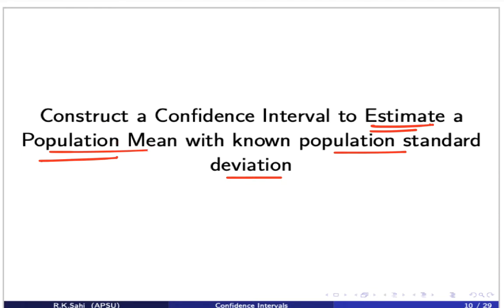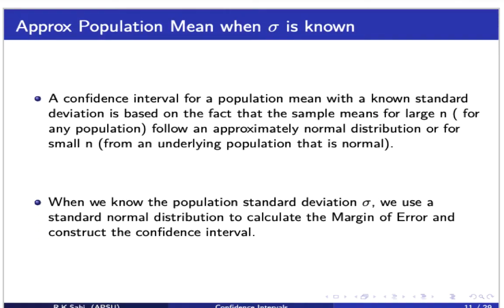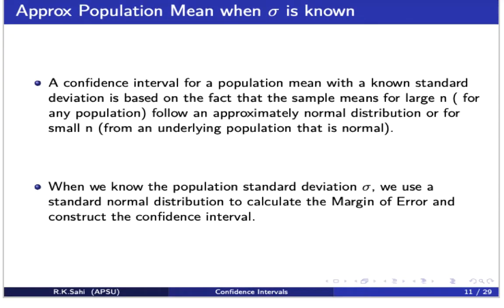Okay, let's go ahead. A confidence interval for a population mean with a known standard deviation is based on the fact that the sample means, for a large n, come from an approximately normal population, or if we have a small n, then we assume that the underlying population is normal. If these two things hold, only then we can apply the method.